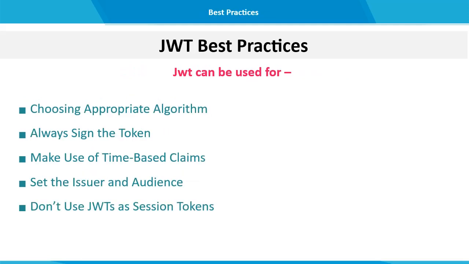Now come to the best practices used for JWT implementation. The first best practice is choosing appropriate algorithms. When selecting signing algorithms, we should keep in mind to use a strong key in case of a symmetric algorithm.